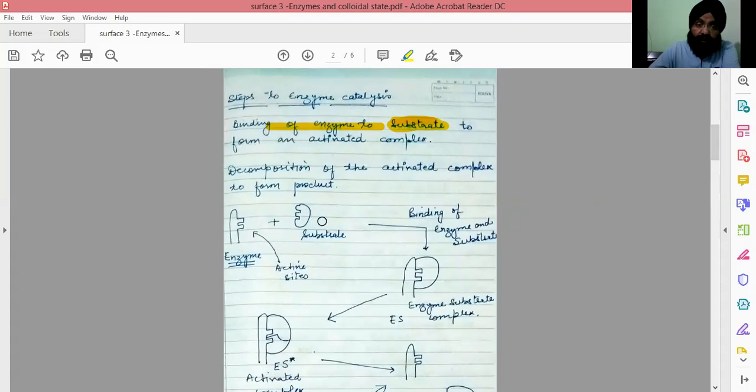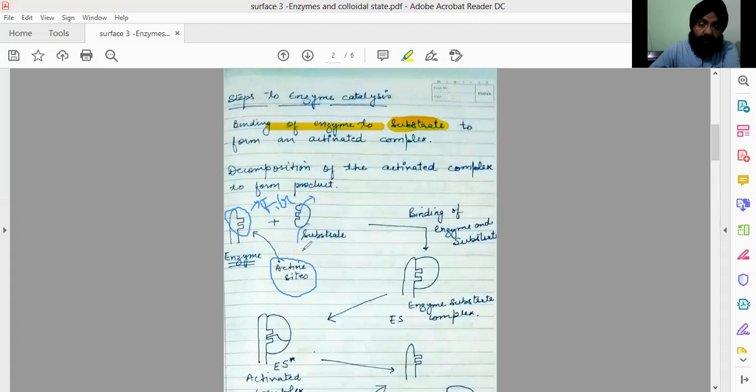So one famous mechanism of enzyme action is the lock and key hypothesis. In this lock and key hypothesis, the enzymes have some sites, active sites, on them. So active sites means functional groups are present there, and the complementary groups are present on the substrate.